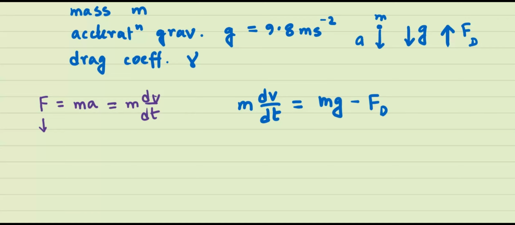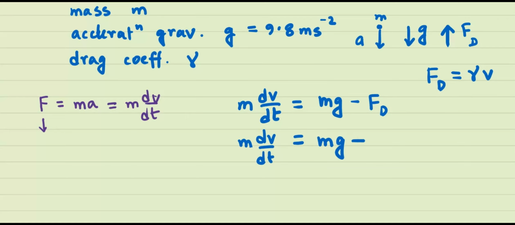As we know, the drag force is proportional to the velocity and it opposes the velocity, so therefore we can write F_d equals some proportionality constant gamma, which is the drag coefficient, times v. So in this case we have m dv/dt equals mg minus gamma times v. And this is the desired model we were looking for.